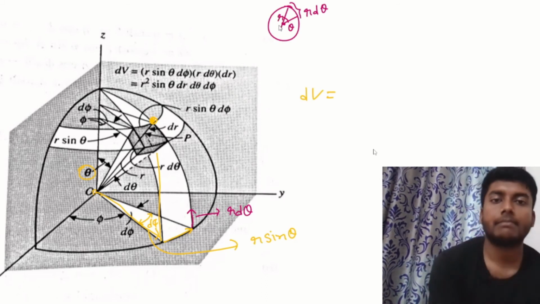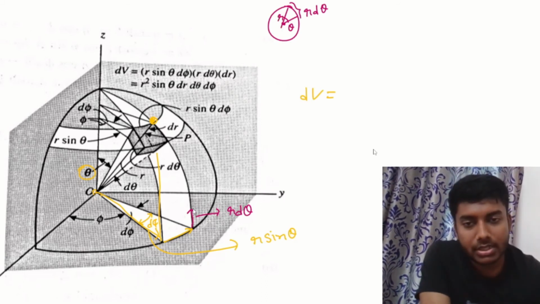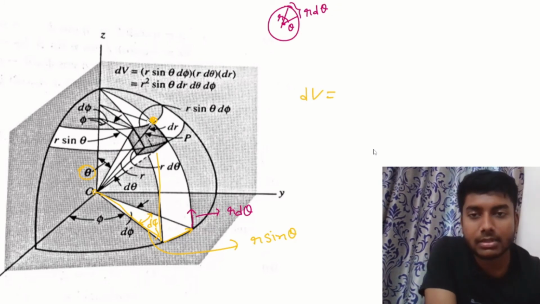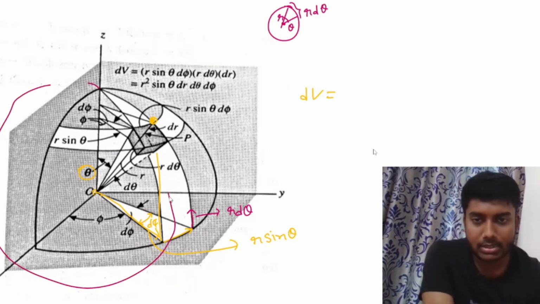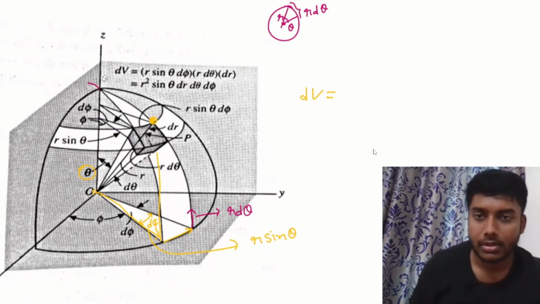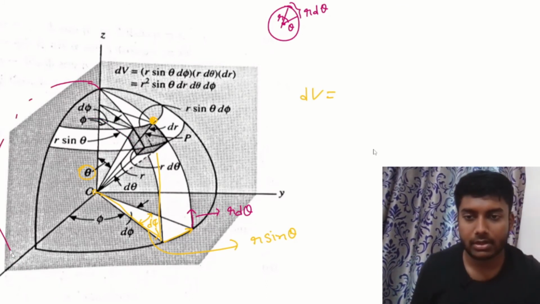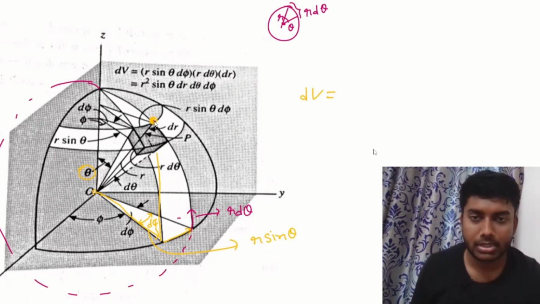This is the r. So here also this thing will be r d theta. If you think of this as a circle, this is the total circle, and we are just wanting to do this.